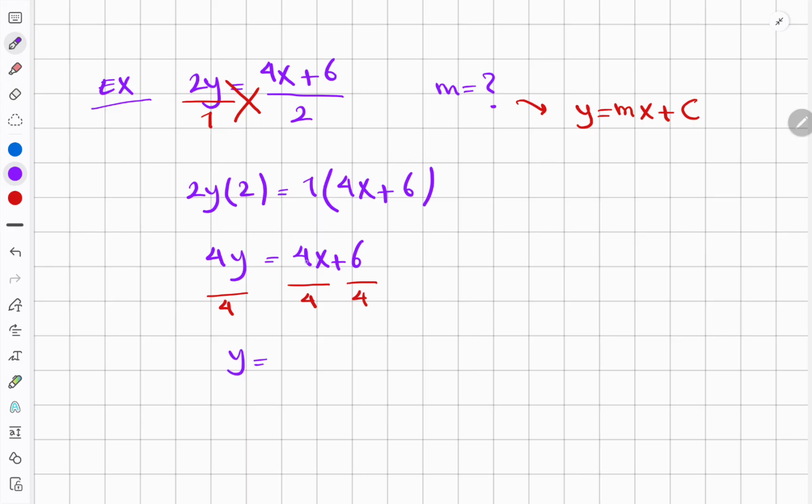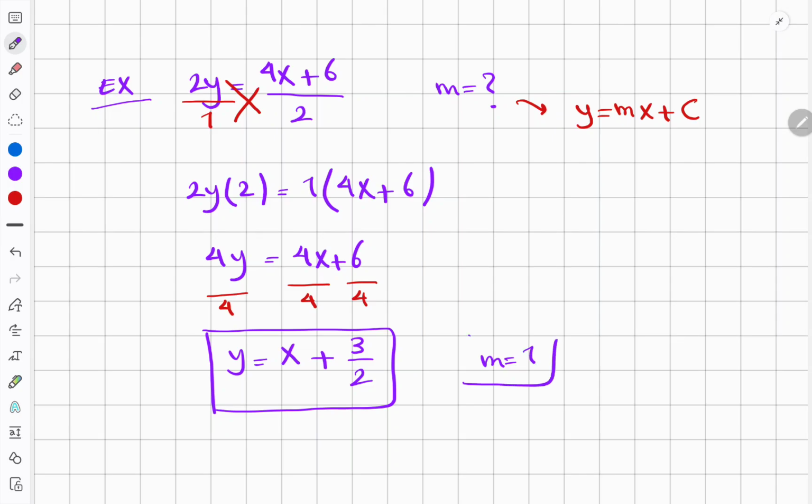So y equals 4 over 4 is 1, and 6 over 4 is 3/2. So this is the equation, and you can see that the coefficient of x is 1. So m is 1, the gradient of this equation.